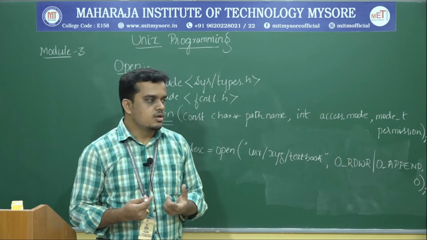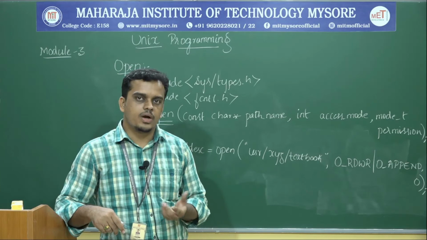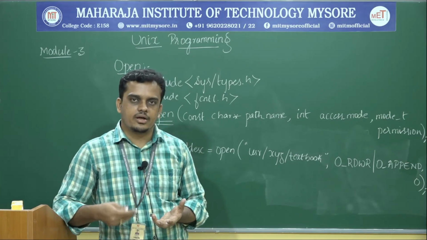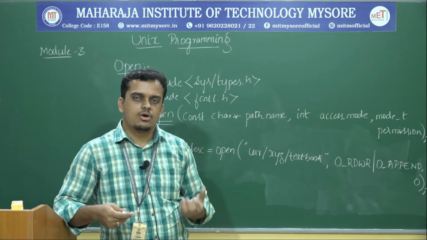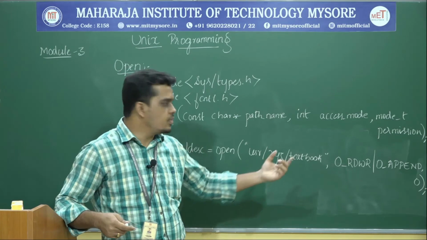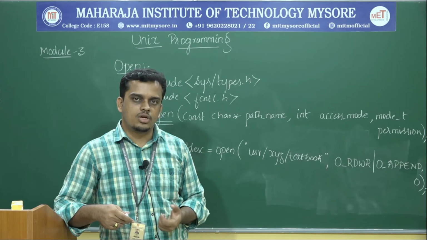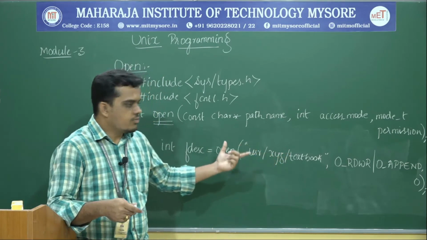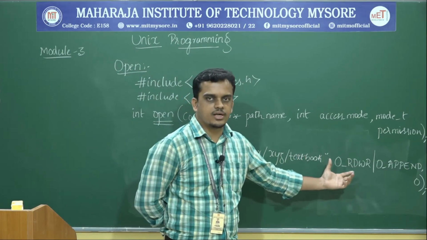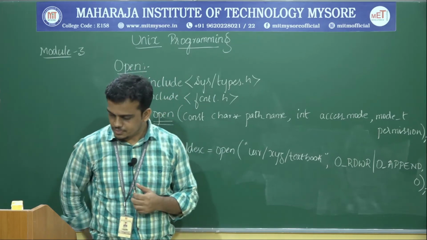That is, what is the permission for a user, for a group and for others, whether you are allowing read, write and execute operations for a user or a group or others. That is determined with the help of this third argument. So this third argument will be used only if the modifier flag O_CREAT has been used in the second argument. If not, it is sufficient to specify the third argument as 0.